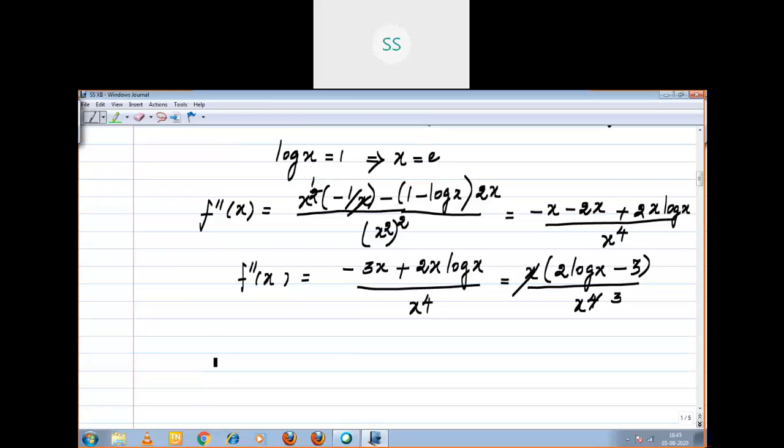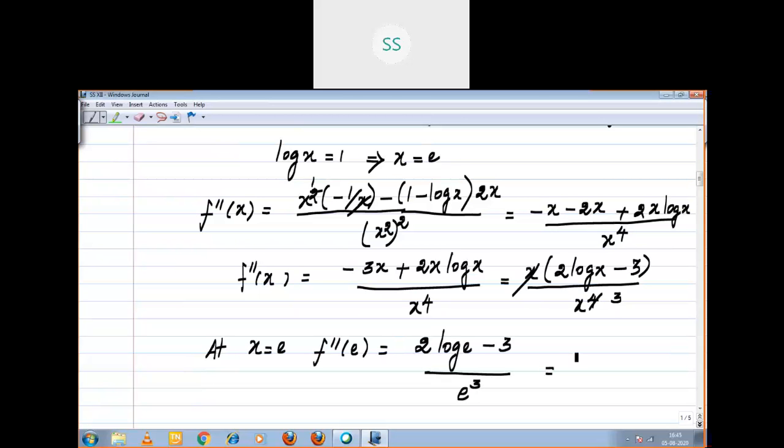x is equal to e. Now f double dash at x is equal to e. f double dash of e equal to 2 into log e minus 3 divided by e power 3. 2 log e, log e to the base e is 1.